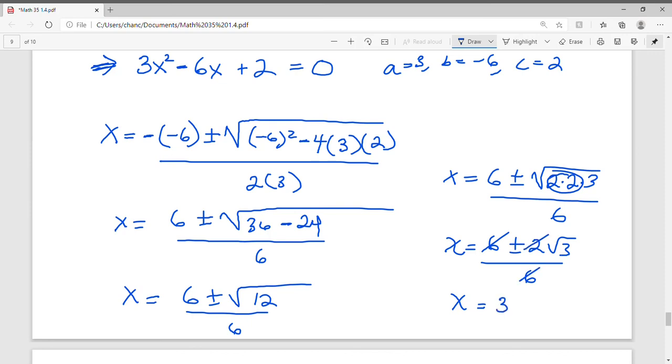We have 3 plus or minus root 3 over 3. Can you simplify it any further? No, you can't. Stop here. Don't feel tempted to reduce the 3 and the 3. This one's in the radical. Can't do that. We have to stop. This is a good solution.